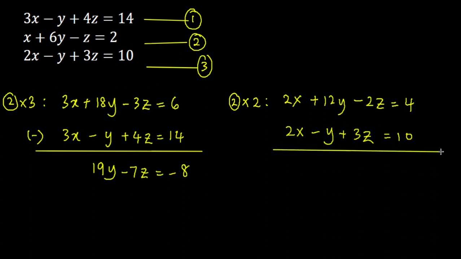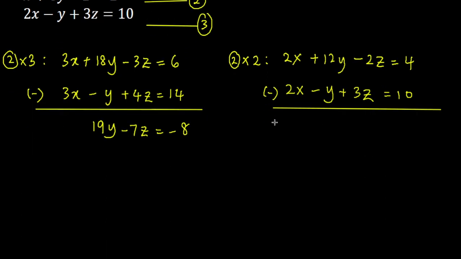Okay, they are common now, so we just minus, yeah? We minus, then 2x minus 2x is 0. Yay, good, very good. Okay, 2x minus 2x is 0, that's what we want, remember? Then the next one, 12y minus negative y will give you 13y, because this one is plus. So 12 plus 1 is 13.